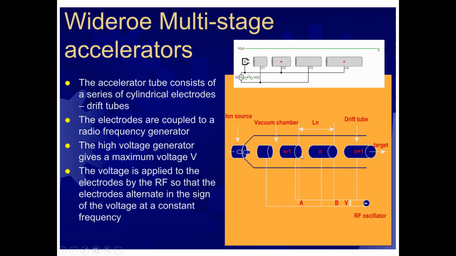The wideroe multi-stage accelerator basically consists of a series of cylindrical electrodes that we call the drift tubes. Here you can see these are the drift tubes, as you can also visualize in this animation.